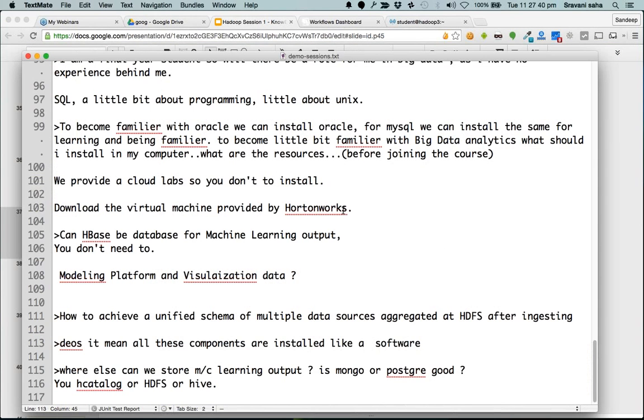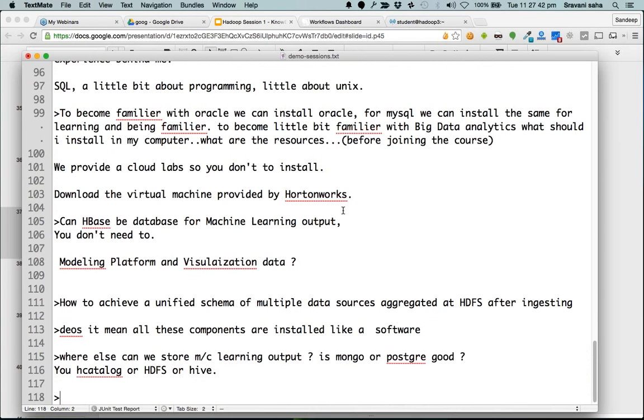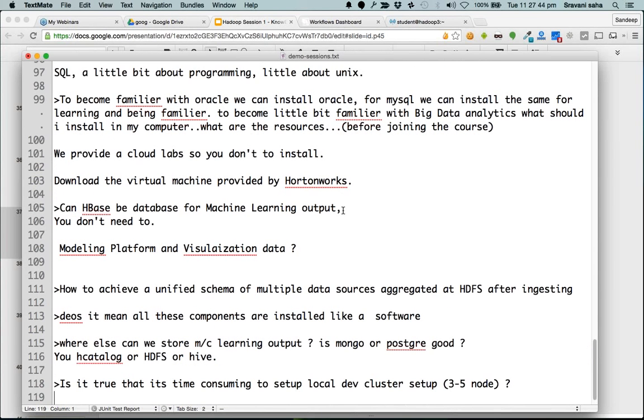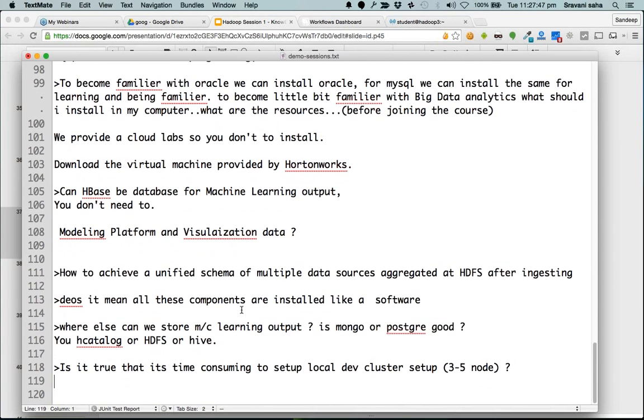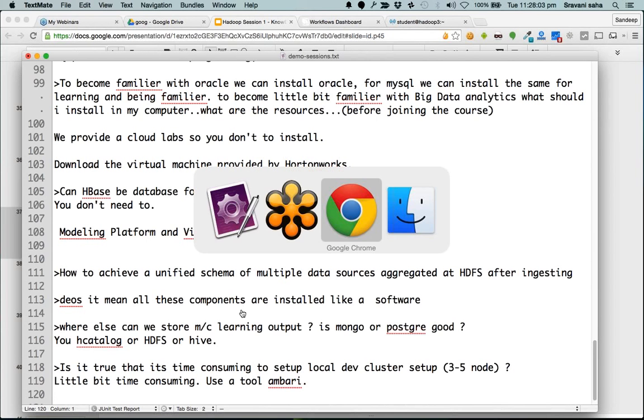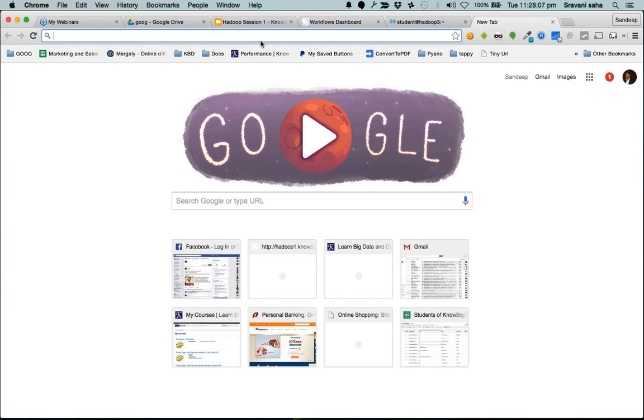So Vinod's question is, is it true that it's time consuming to set up locally? It's a little bit time consuming, but not too much. I give you a tip: use a tool like Ambari, and you will be able to install the cluster very quickly. I have installed clusters multiple times and I was fairly comfortable.